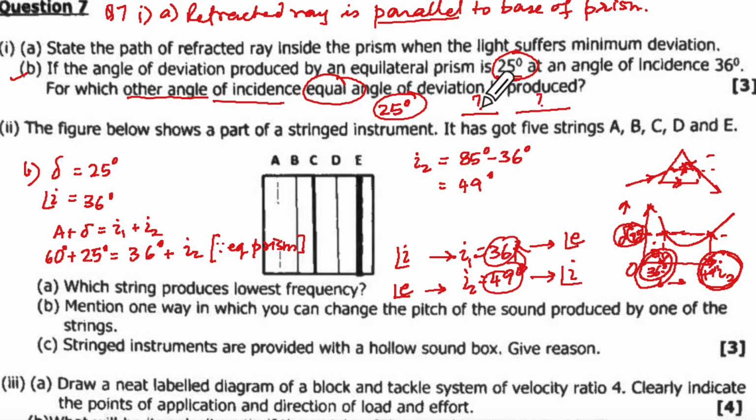One angle is 36 degrees and the other one we found as 49 degrees. Did you understand this? Yes. So therefore the other angle of incidence is equal to 49 degrees.